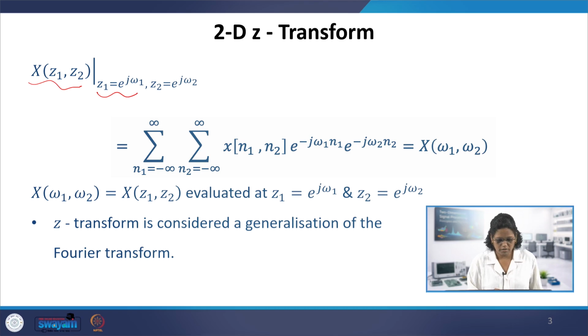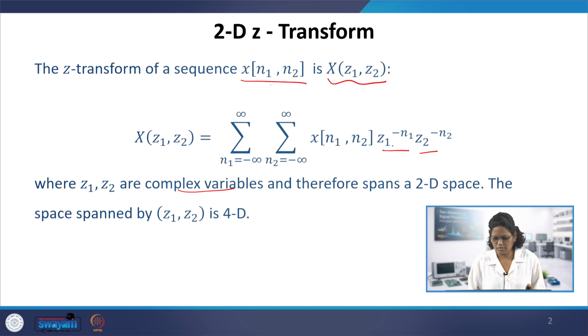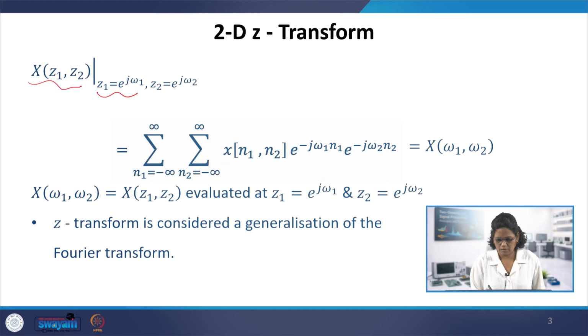If we evaluate it, z1 and z2 are replaced with e power minus j omega 1 n1 and e power minus j omega 2 n2, which gives X of omega 1, omega 2, or X of e power j omega 1, e power j omega 2.